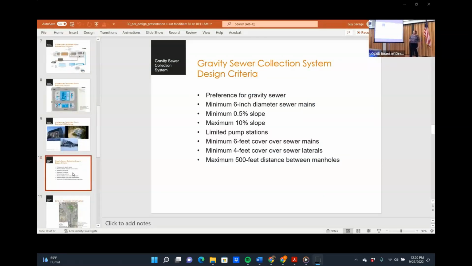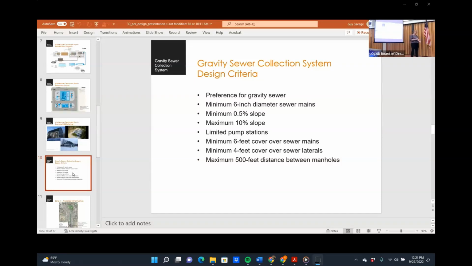So, the gravity sewer collection system. When you lay out a system, there are some design criteria that you've got to set forth. The district eventually will adopt standards, whether that's similar to agencies around that develop their own. For now, we gave some recommendations based on what's pretty common.